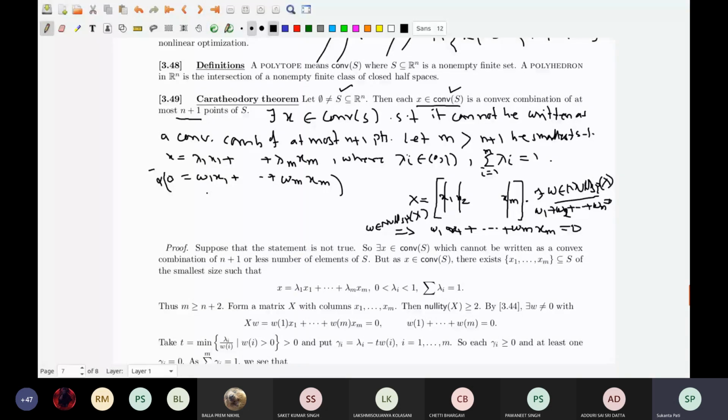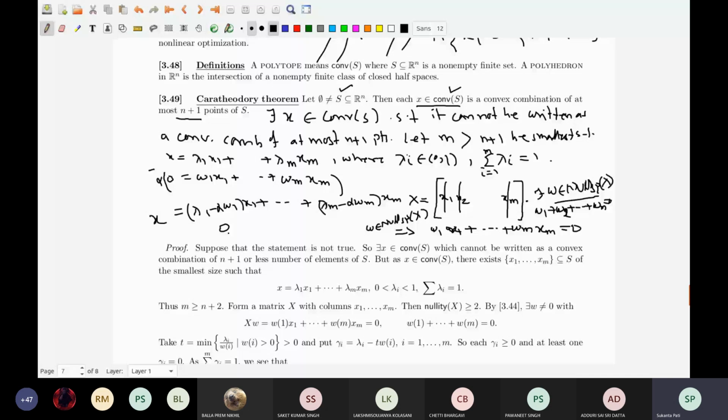Suppose lambda 1 is positive and w1 is positive. Just try to take the ratio. You will have to take the minimum ratio, of course. So what you are having now is (lambda 1 minus alpha w1) x1 plus ... plus (lambda m minus alpha wm) xm, and this is equal to the same x again. And if you choose alpha very carefully, because some wi's are positive, you will be able to make at least one of these entries 0.